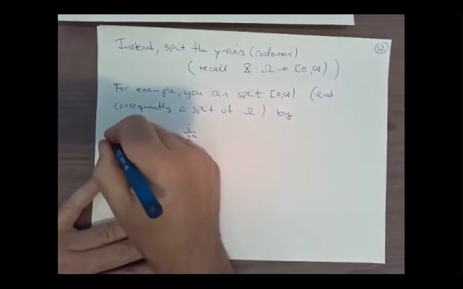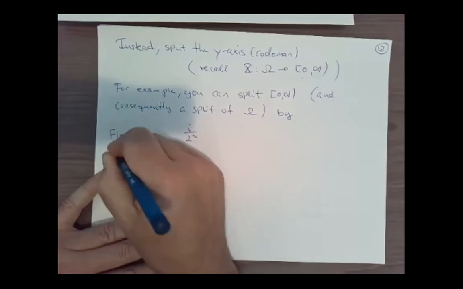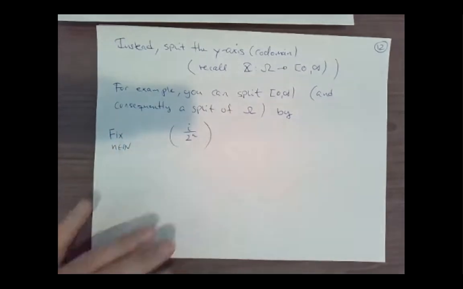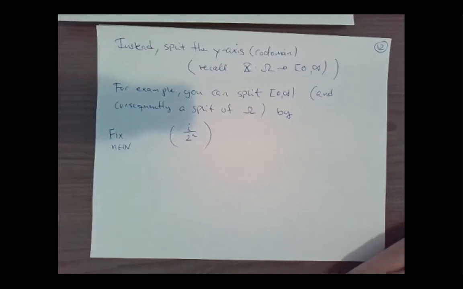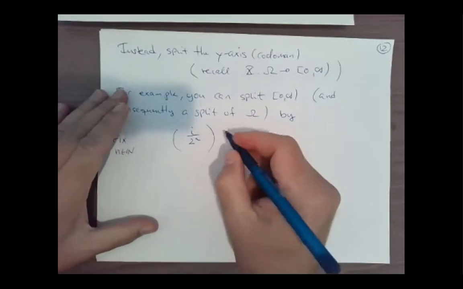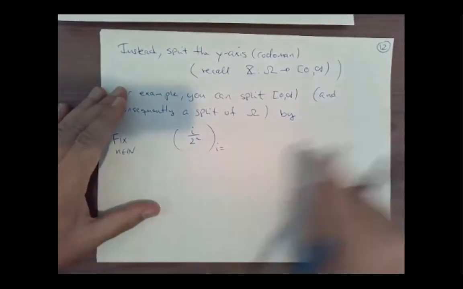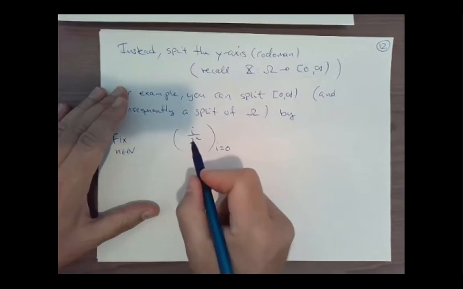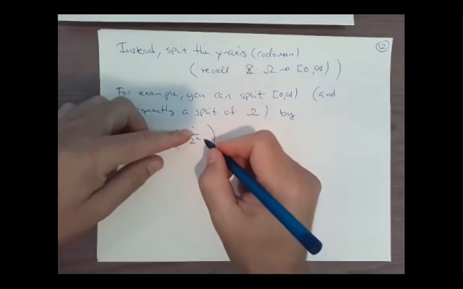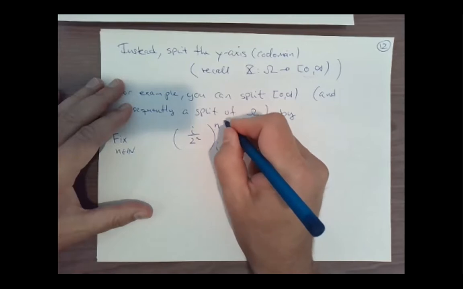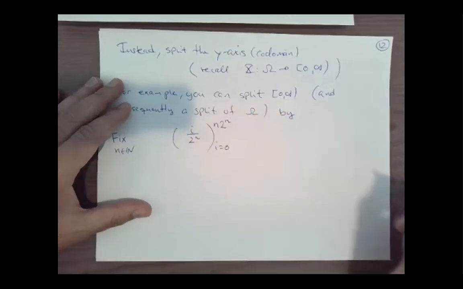So you fix n, and then run these indices up to n times 2 to the nth.